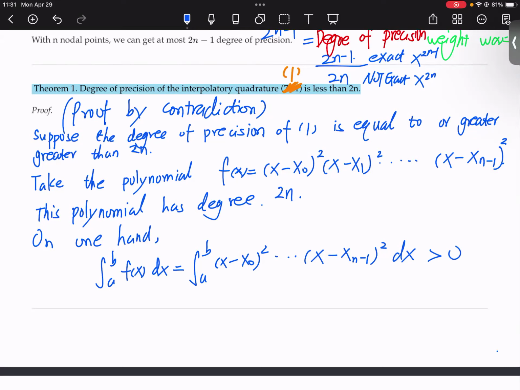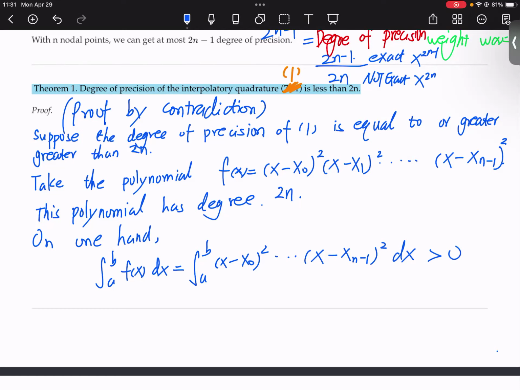In between there is something positive. It could look like this, but it could be more oscillatory because we have degree 2n. Which means that if you do the integration, it should be positive, because the area between the curve and the x-axis is positive.